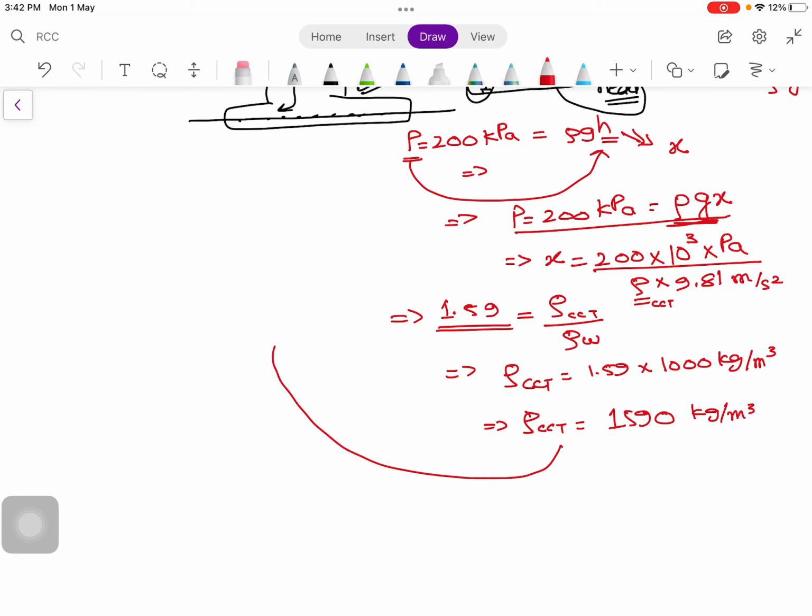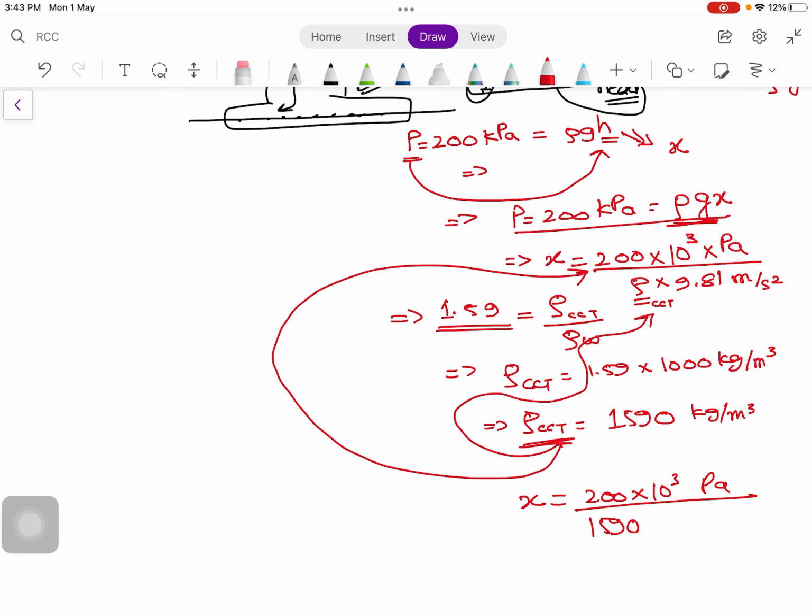So let us plug in this value in this equation for determining the head. So head would be equal to 200 times 10 to the power 3 pascals upon 1590, which is the density of carbon tetrachloride, times 9.81 meter per second square.